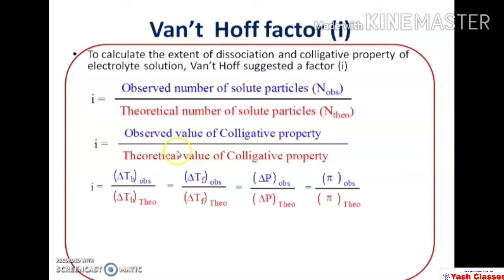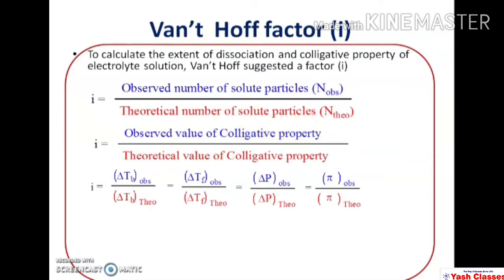For example, if NaCl is added in water, there is a dissociation and it gives two particles or ions, Na plus and Cl minus. So observed number of ions are 2 and theoretical number of particle is 1, that is NaCl.